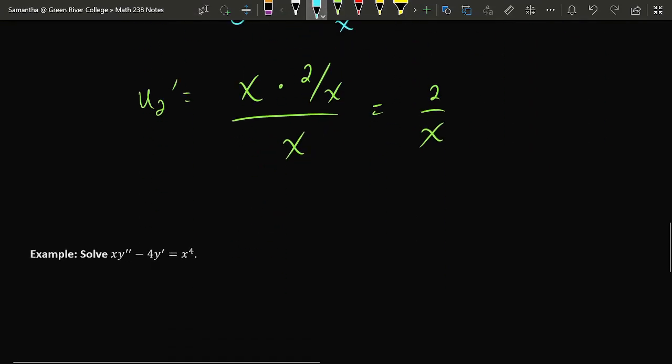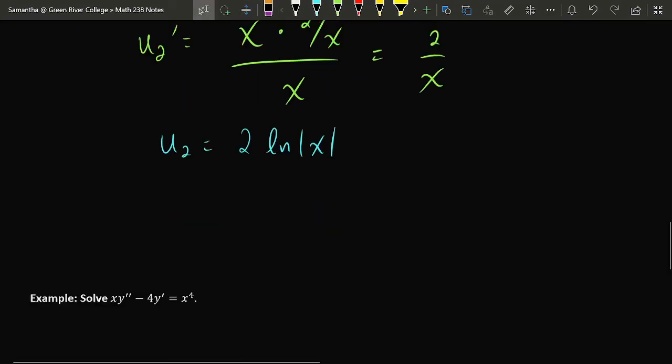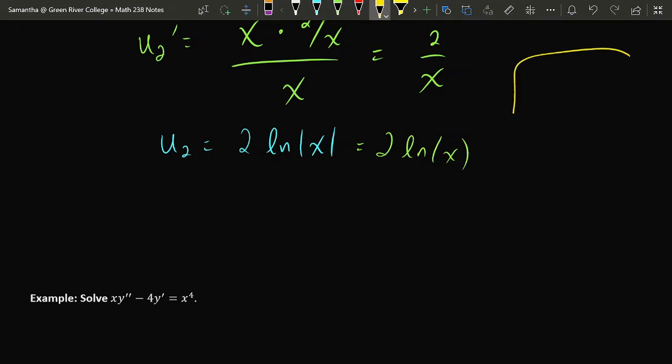And therefore u2 is equal to 2 times the natural log absolute value of x. Now you can leave it as absolute value of x, or you can change this to just regular old x. It was a long time ago, but you may remember that for Cauchy-Euler, we always assume that x is strictly positive.